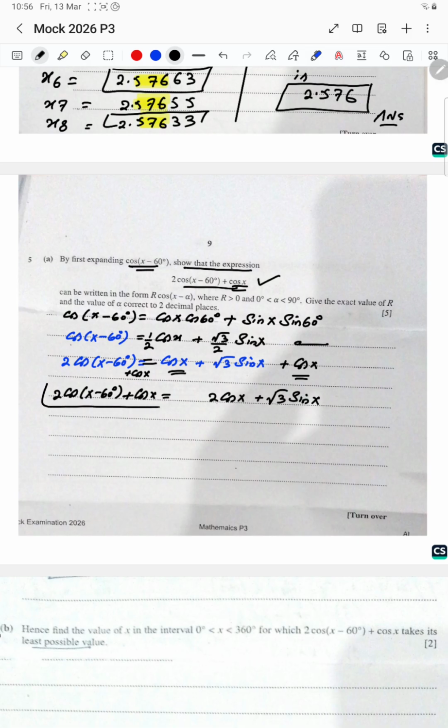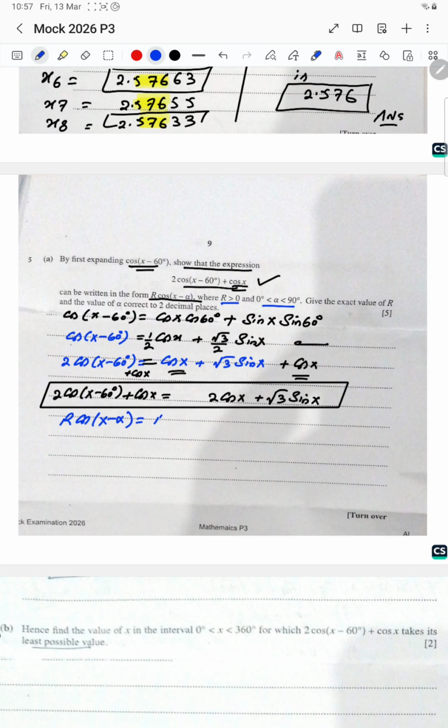I get this one, right? He says it can be written in this form. So what is that form? R cos of x minus alpha, where r is bigger than 0 and alpha is acute, give the exact value of r and the value of alpha correct to 2 decimal places.